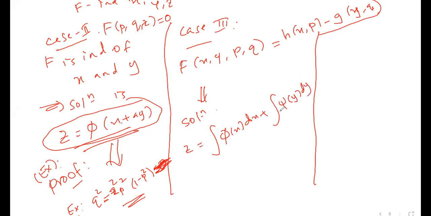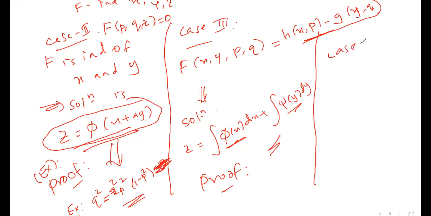It's not the earlier phi and chi; it is whatever your function of x and function of y is. So this is the final solution. You can prove this one also using Charpit's method, and then you can derive it.